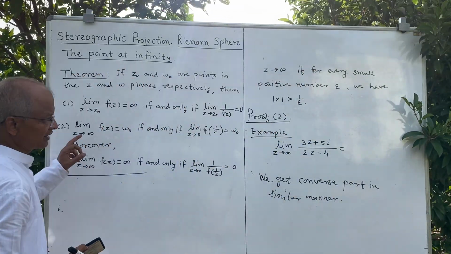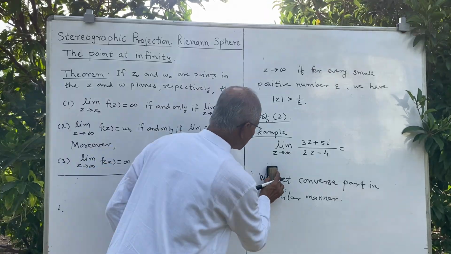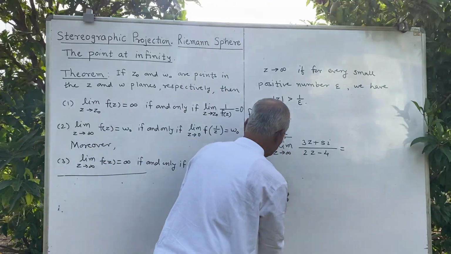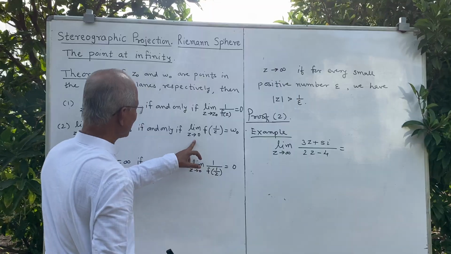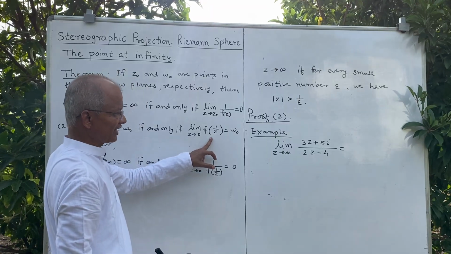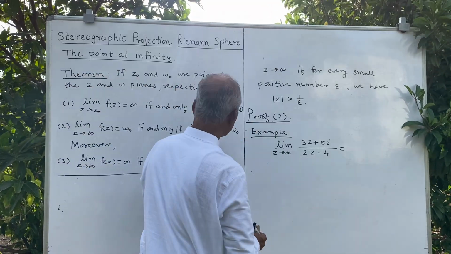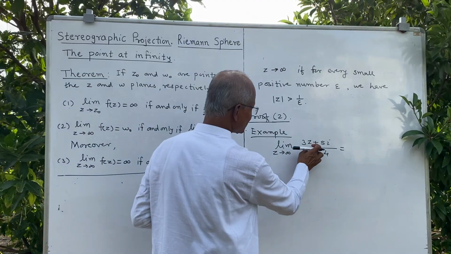For that purpose what we shall obtain is the limit z tends to 0 of f of 1 by z.